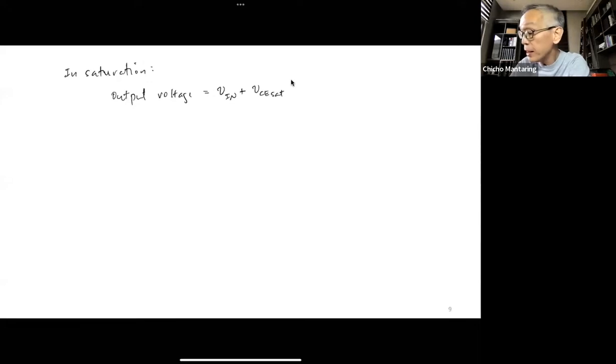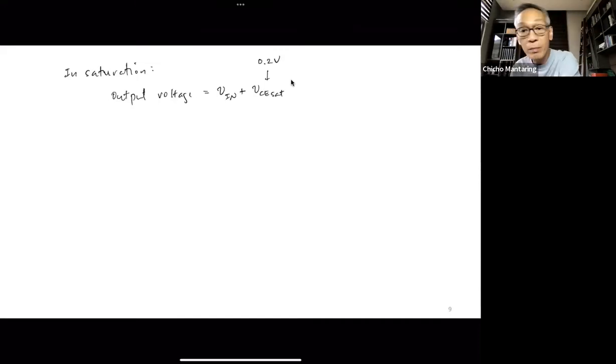So this is in saturation, no? In saturation, your output voltage will be equal to V in plus VCE sat, where VCE sat is equal to 0.2 volts.